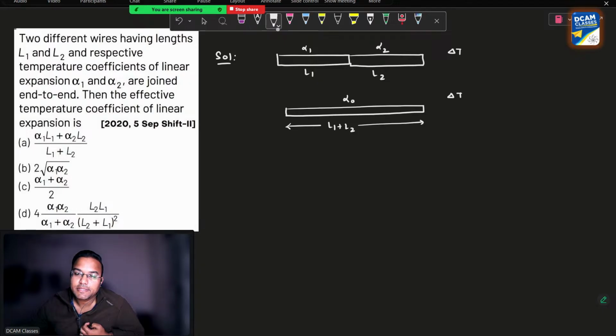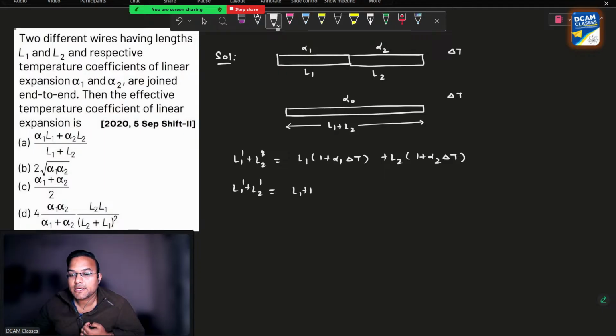If we raise the temperature, the new length will be L1 dash plus L2 dash, which will be L1 into 1 plus alpha 1 delta T plus L2 into 1 plus alpha 2 delta T. Now in the second case, L1 dash plus L2 dash is equal to L1 plus L2 into 1 plus alpha naught delta T. Now we compare these.